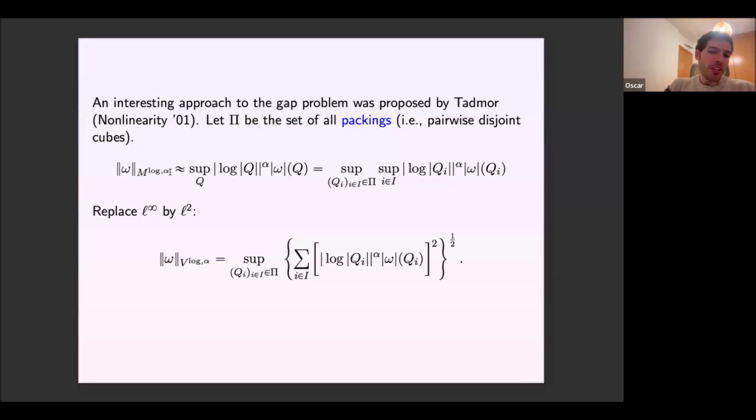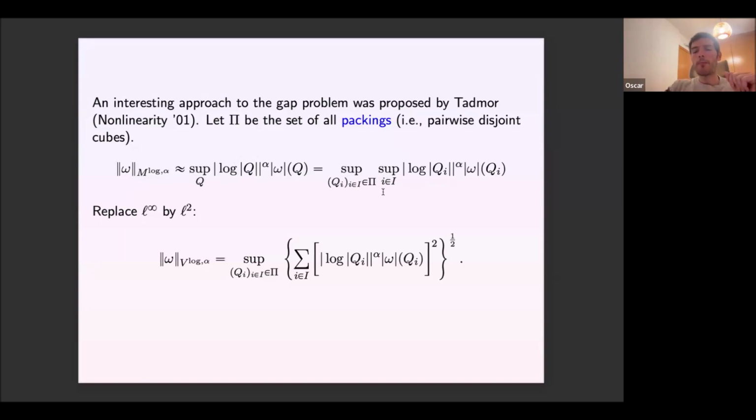And it is easy to see that the Morrey norm can be characterized in terms of cubes. Okay, this is standard. And now a very simple trick using, say, Fubini's theorem for L infinity, allows us to rewrite this in terms of the packets, okay?